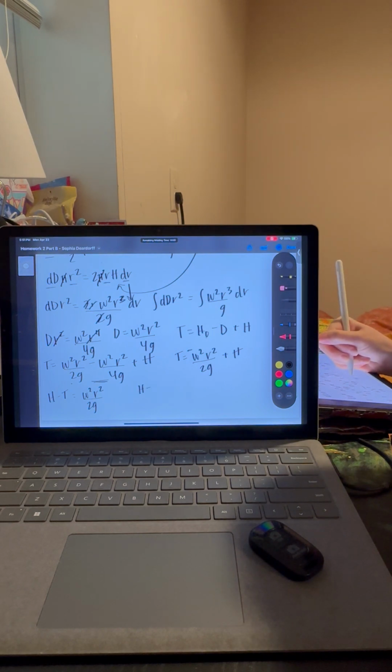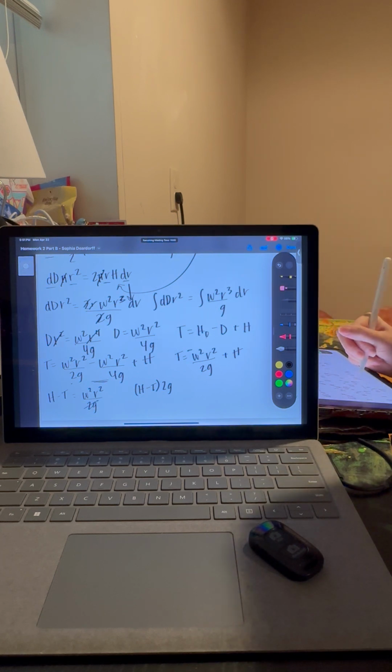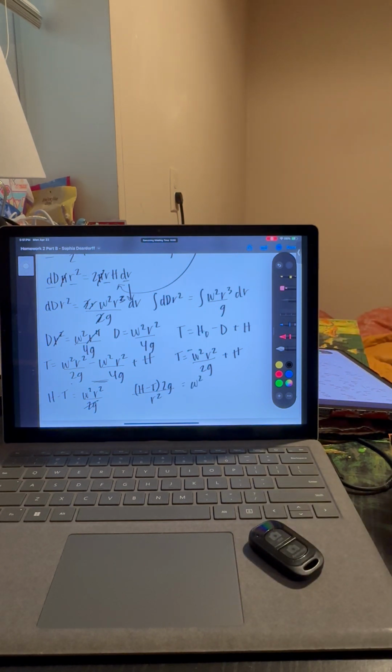Using algebra, we can do it like this. And that gets rid of that, and then divide the whole thing by R squared, and that is what is equal to omega squared.